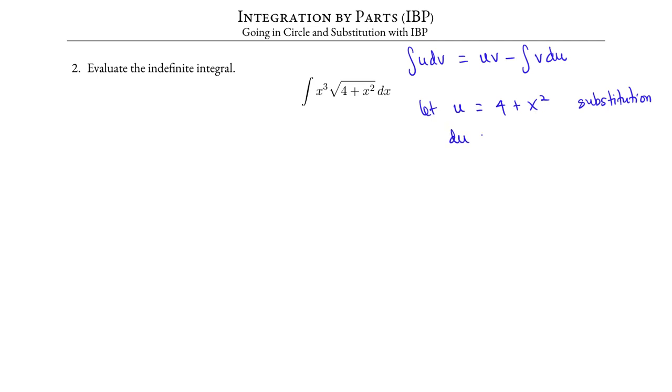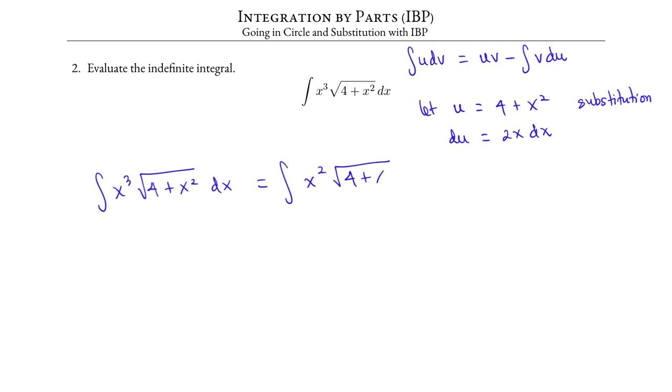Then du is 2x dx. There is a factor of x in x cubed, so we will save a factor x dx for the substitution 1/2 du. That is, we rewrite the integral of x cubed times the square root of 4 plus x squared dx as the integral of x squared times the square root of 4 plus x squared times x dx.